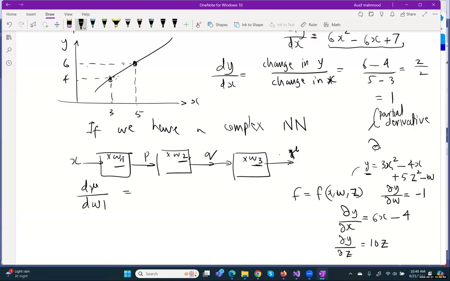So we do partial derivatives. Let's pretend our goal was to determine not dR over dW1, because now there are multiple weight variables involved, so this does not make sense. We'll be interested in how R is changing with respect to W1.